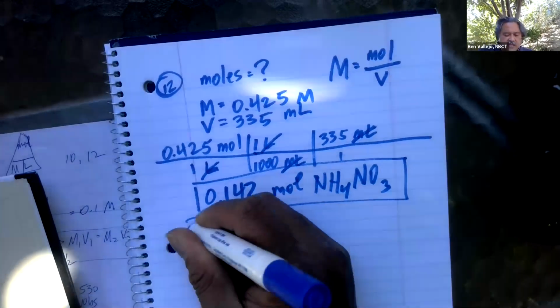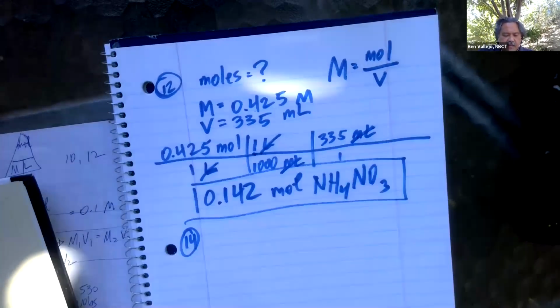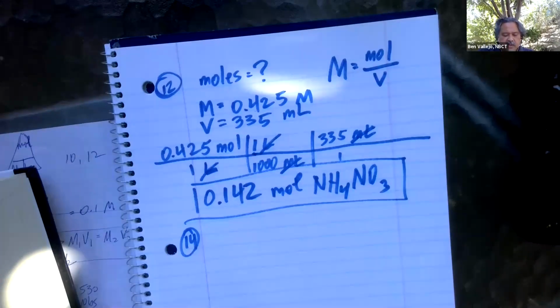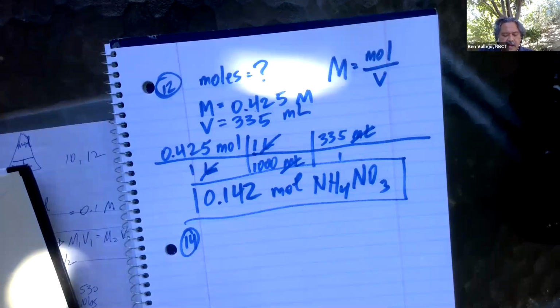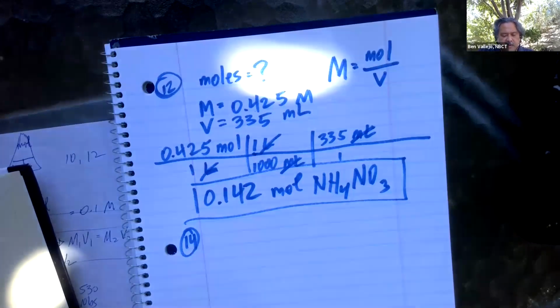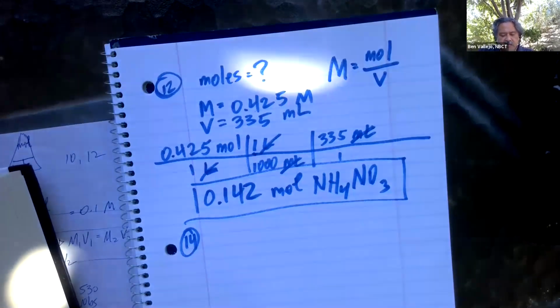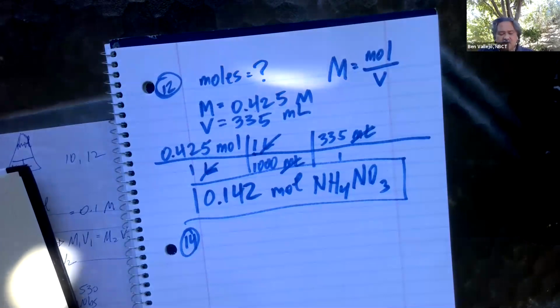The question reads, and I'll read it for you this time, how many milliliters of a solution of 4.00 molar KI are needed to prepare 250 milliliters of 0.76 molar KI? Ooh, all right. So that looks pretty deep.